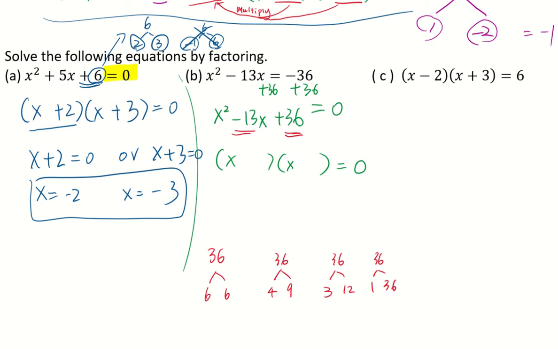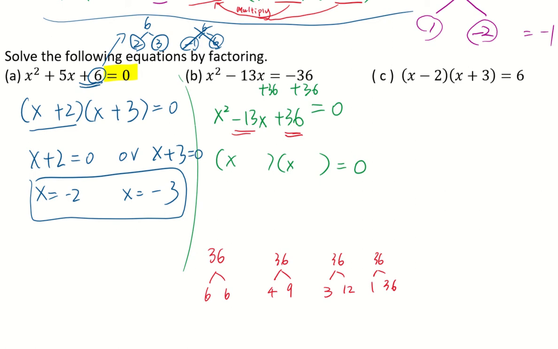Well, the two numbers also need to add up to be -13. Since the two numbers multiply to be a positive 36, the two numbers we're looking for need to be either both positive or both negative. Since they add up to be -13, that means they're both negative.